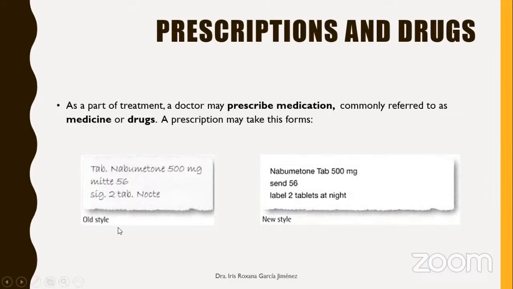In the old style, we were used to writing by hand, I mean, with our awful handwriting, not clearly, but we had the chance to indicate the presentation, tablets, the name of the drug, and the milligrams, right? The frequency, how many tablets the patient is going to receive, and how they have to be taken. I mean, 2 tabs every night, right?